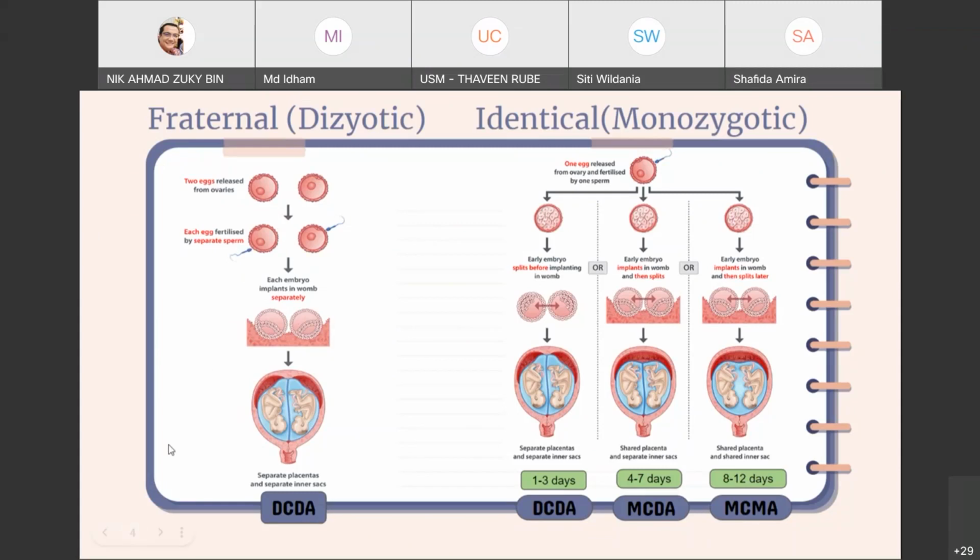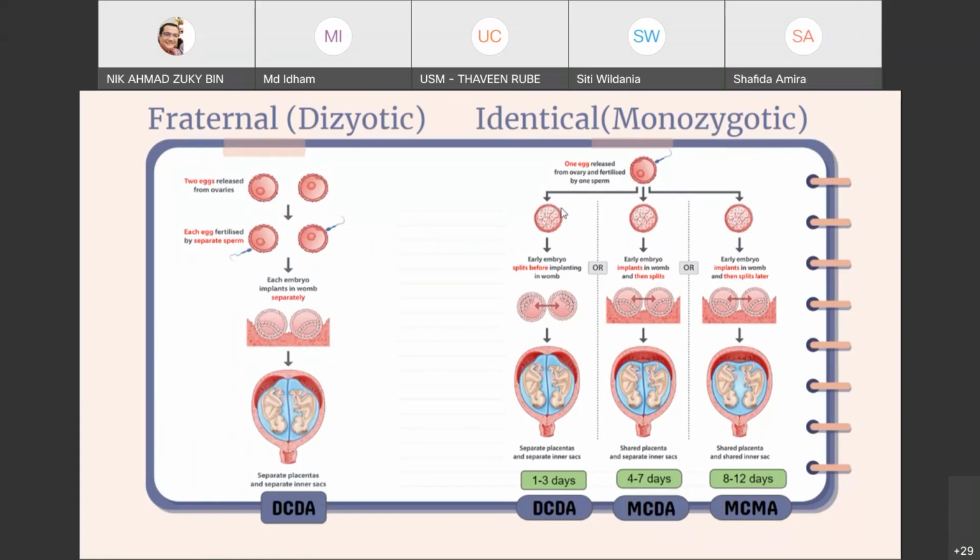So the result will be they will have separate placentas and also separate inner sacs, which we call DCDA, which is dichorionic diamniotic. So monozygotic means one egg is released from the ovary and fertilized by one sperm.